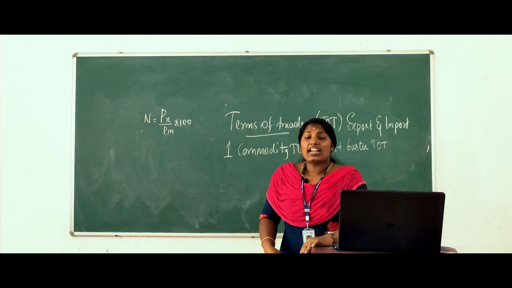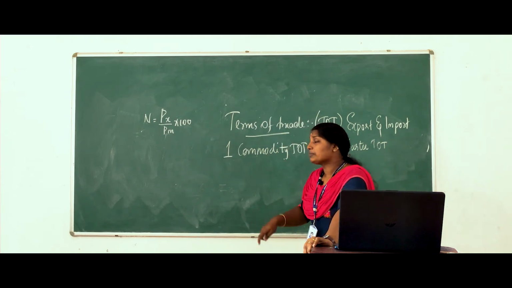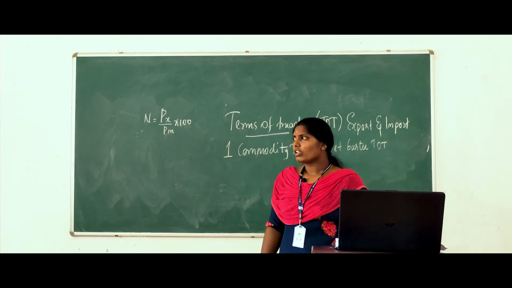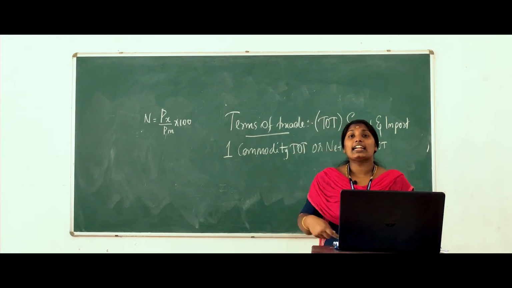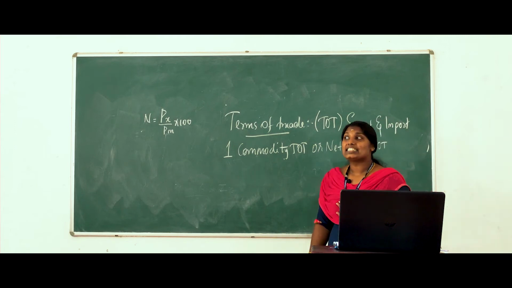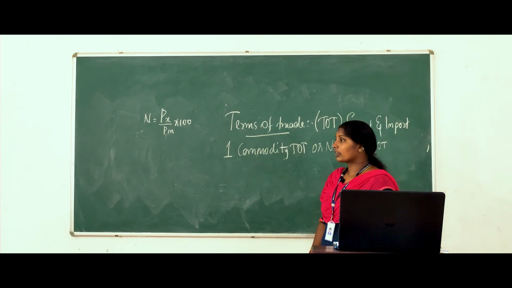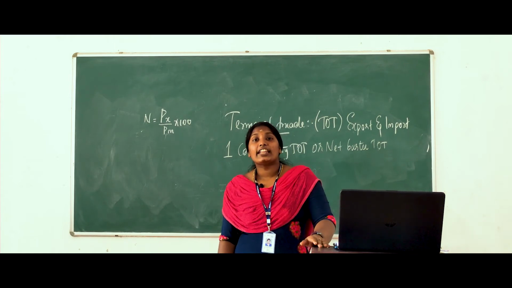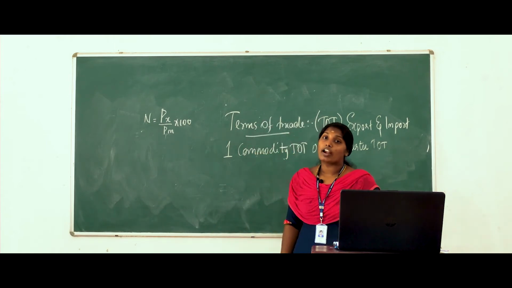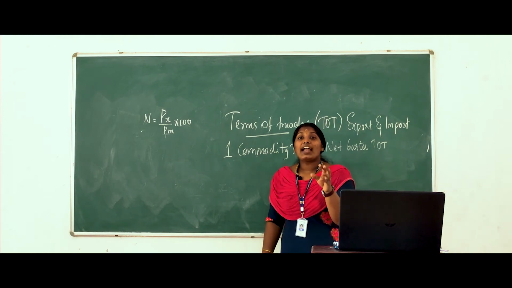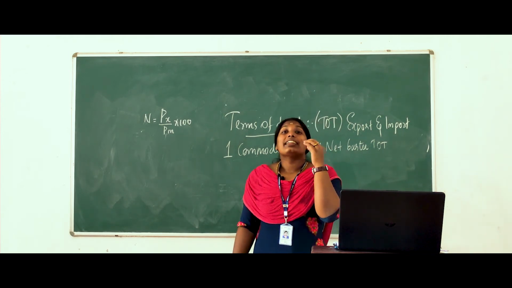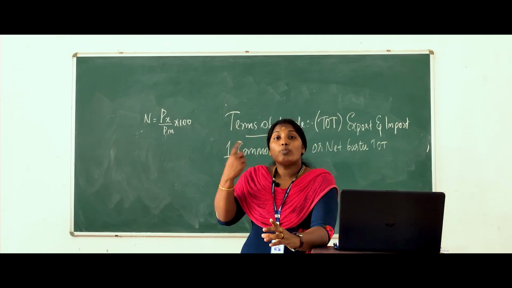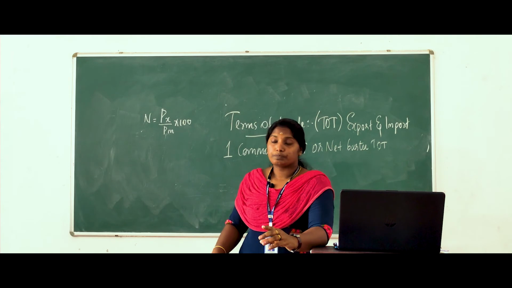Other terms of trade are also related to the commodity terms of trade or net barter terms of trade, for example income terms of trade. The second type of terms of trade is income terms of trade. G.S. Lawrence in 1948, the famous international economist, modified and improved the net barter terms of trade and formulated the income terms of trade.